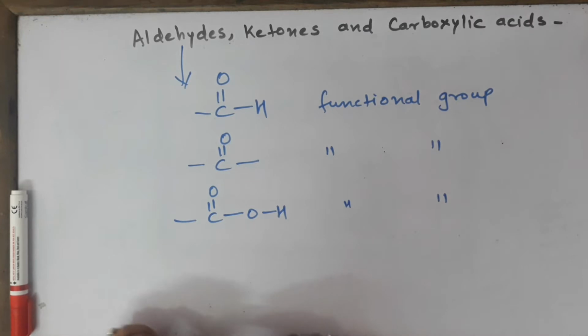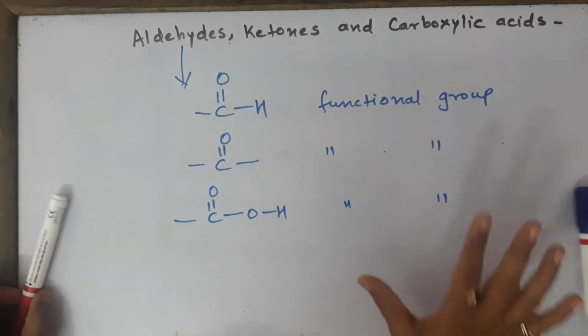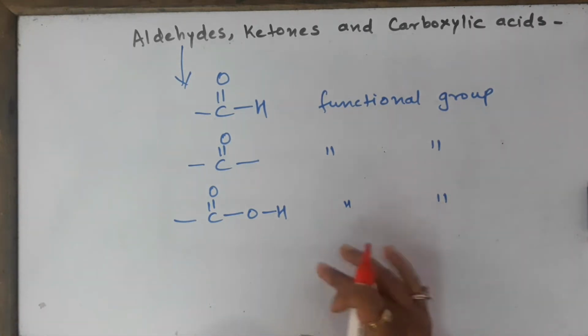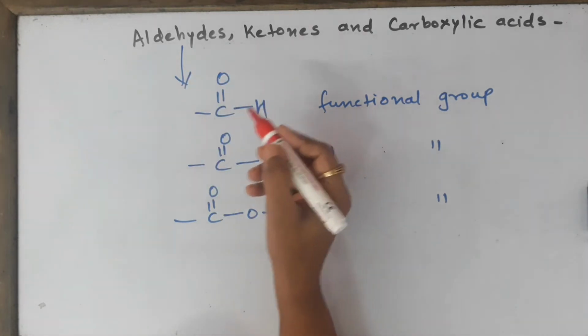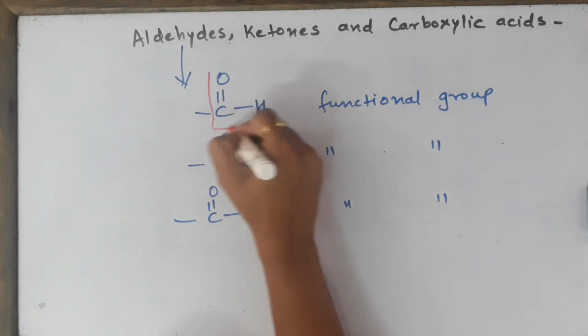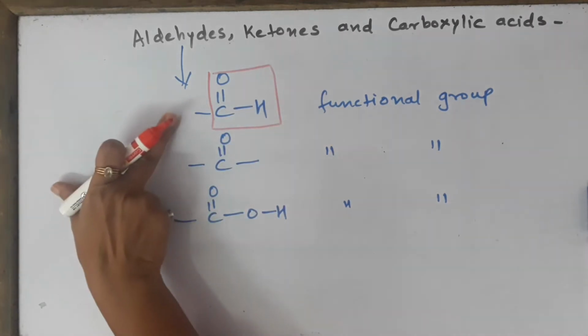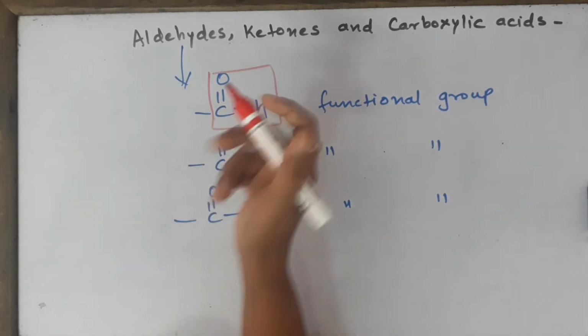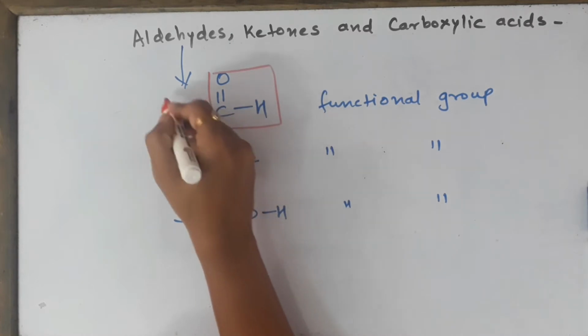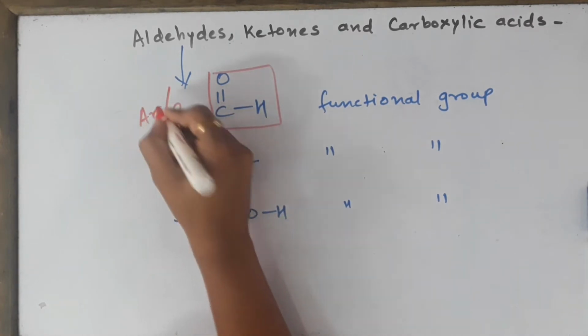So right now I have written in front of you the functional groups. Let us understand what is the exact difference between all these three. In the case of aldehydes, you will remember that this is always going to be the common factor, and on the left side where I have left the space, you can attach any group which can be an alkyl group or it can be an aryl group.